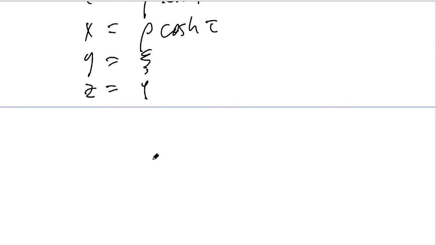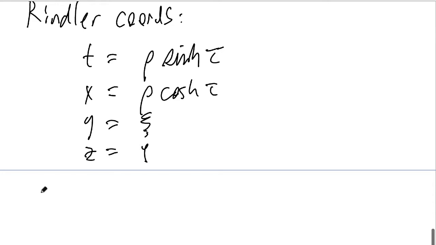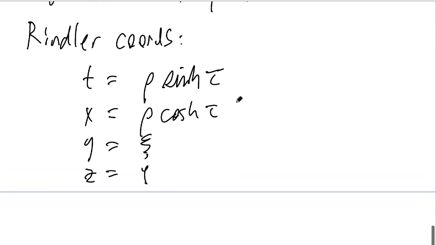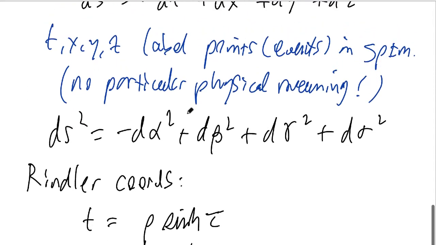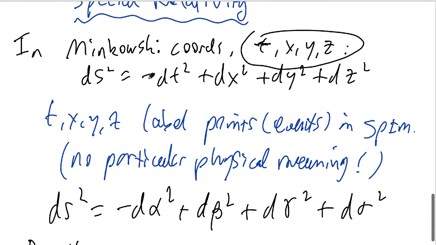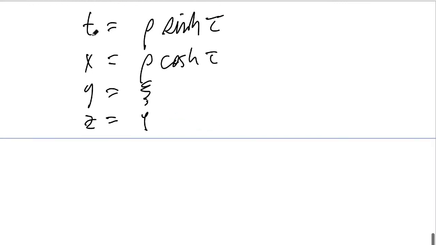And we can work out the line element in terms of these coordinates. So how do we do that? We just need to compute dt, dx, dy, dz, and then plug them into the line element in Minkowski coordinates to convert it to Rindler coordinates. First let's compute dt.